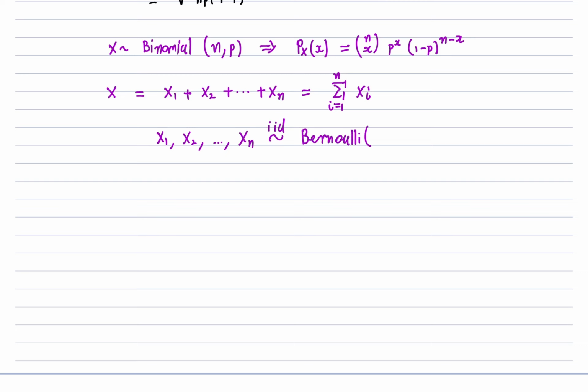This is, of course, with parameter p, the same parameter p. This is, of course, by very definition, what a binomial distribution is.